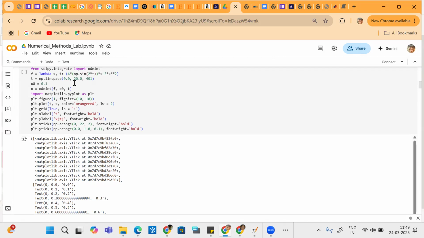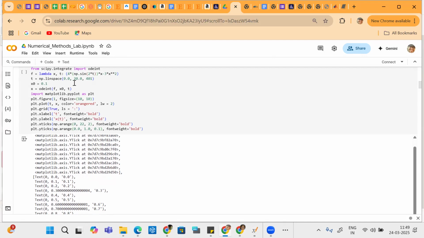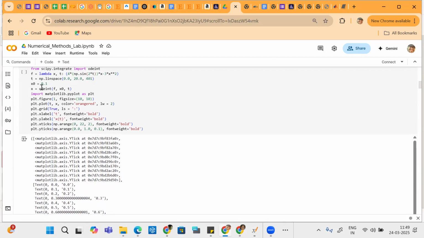Understood? 401 points means 400 intervals. So x naught is 0.1. That is the starting point. At t equal to 0, x naught is, sorry, 0.1. Got the idea?